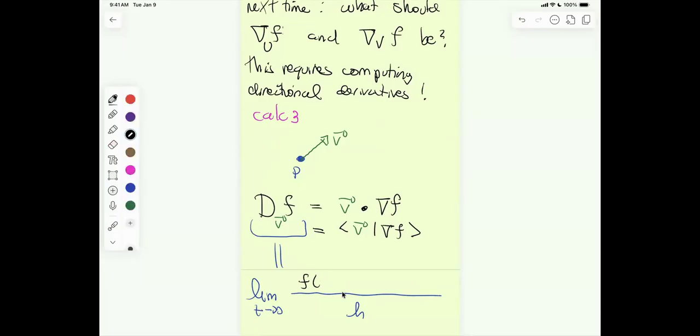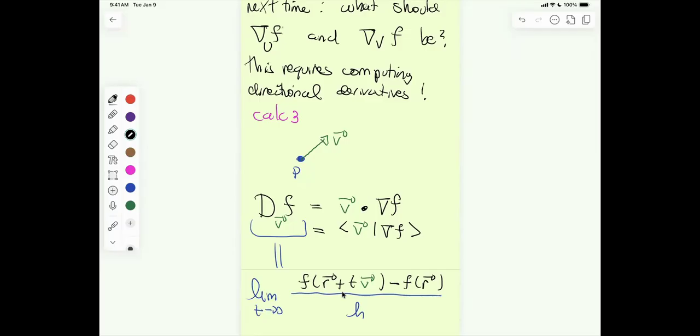Here r is like x, y, z, the position vector. All I'm saying is that a directional derivative can be defined in terms of a limit.